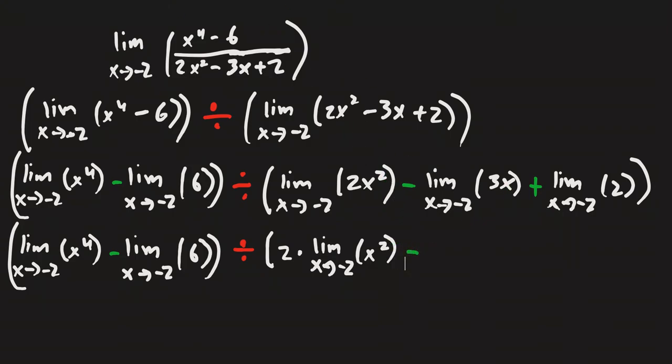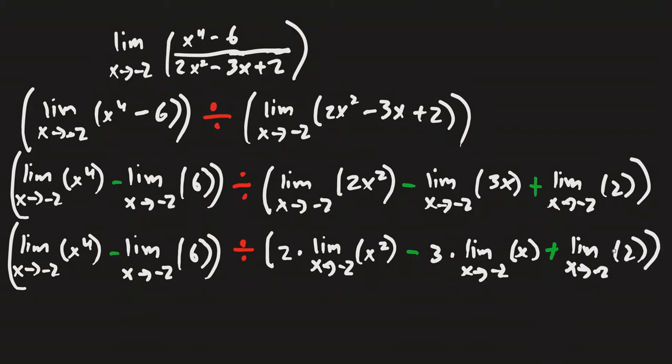I'm not going to forget this time. Bring out that 3, and then times the limit as x approaches negative 2 of x, and then plus finally just this limit as x approaches negative 2 of just 2. Okay, so finally we can simplify and solve.